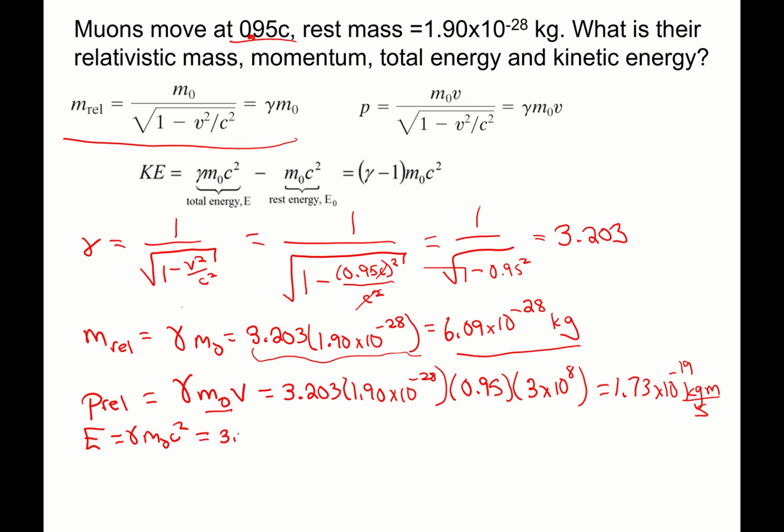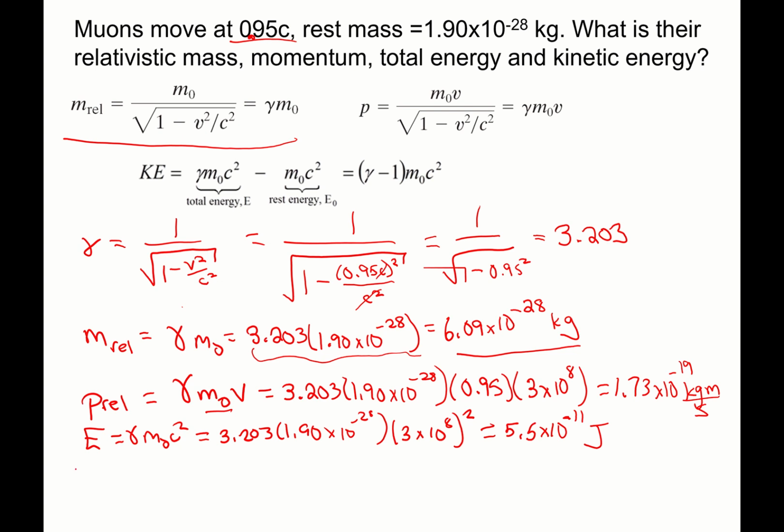So 3.203 times 1.90 times 10 to the minus 28 times c squared, 3 times 10 to the 8 squared, and I get 5.5 times 10 to the minus 11 joules.